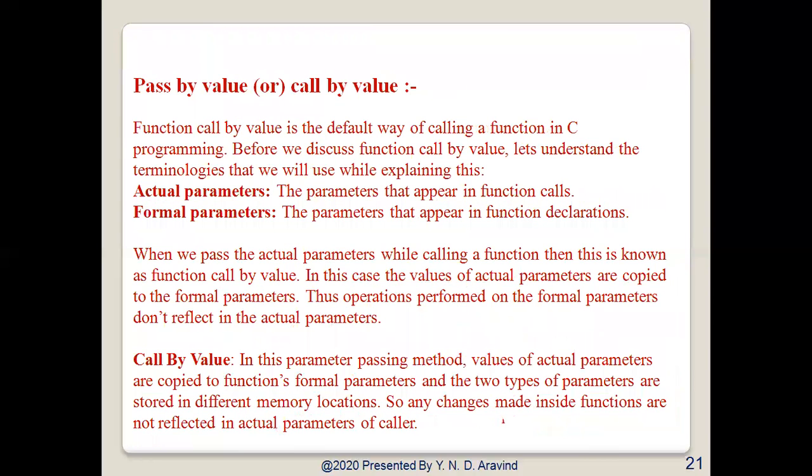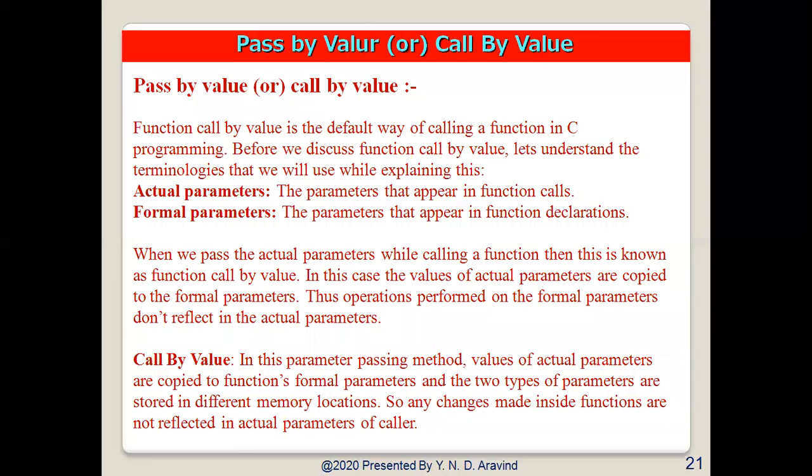Now let us see each one more elaborately. The first one is pass by value, or call by value. What is pass by value? Function call by value is the default way of calling a function in a C program. Before we discuss it, let us understand the terminology: actual parameters and formal parameters.